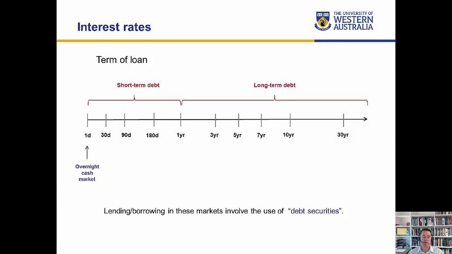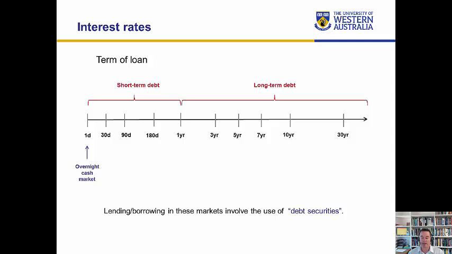There are certainly 2 and 4 year markets. What this timeline represents is the fact that there is lending for 1 day, there is lending and borrowing for 30 days, 90 days, 180 days, and it goes right up to 30 years. And it actually goes beyond 30 years.